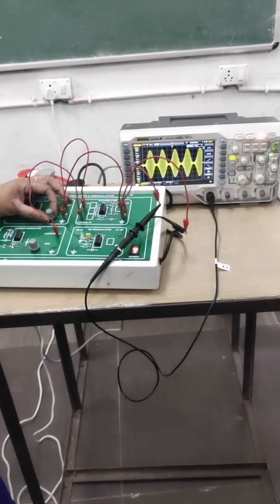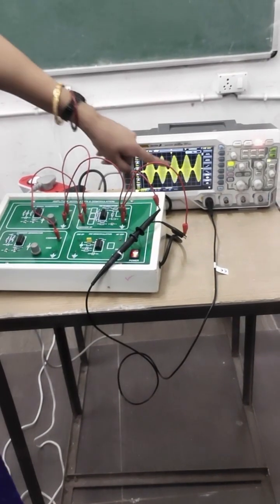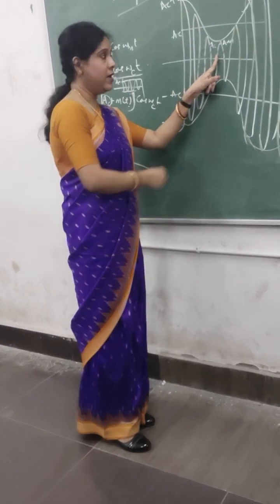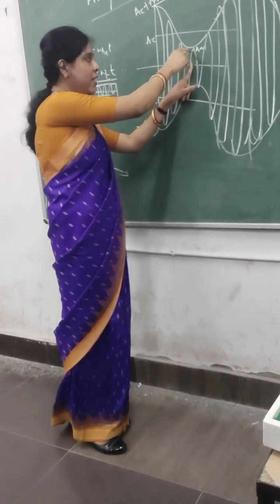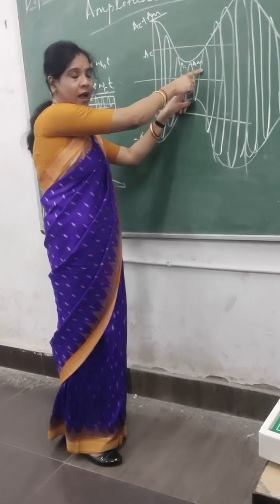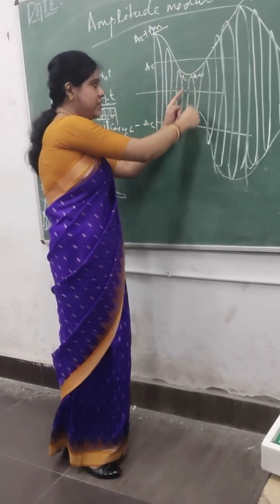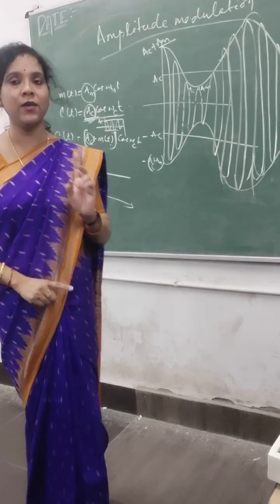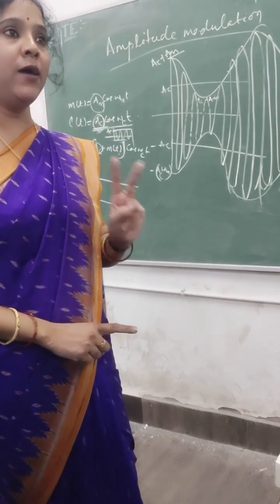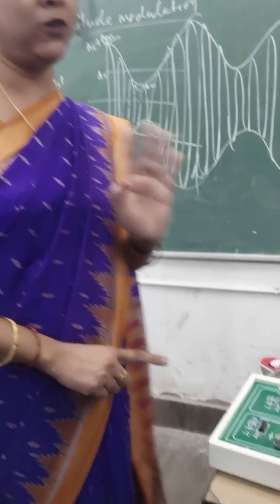So what will happen when the value of Am is increased? This Ac minus Am will be reduced. A point will come when the value of Am will be equal to Ac, and at that time it will just touch this line. That is known as critical modulation. When the value of Am is equal to Ac, the modulation is known as critical modulation. That means mu value is equal to 1.